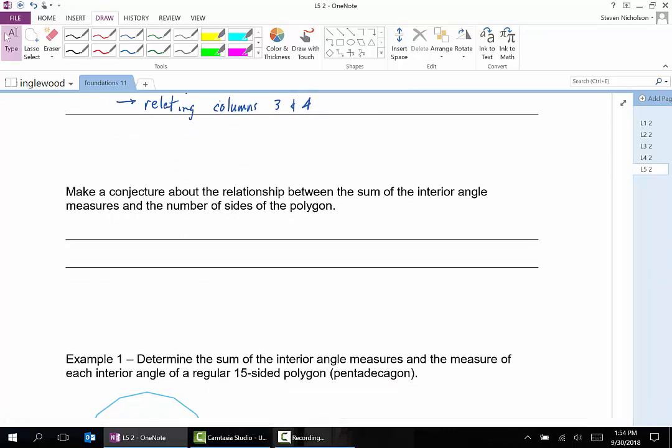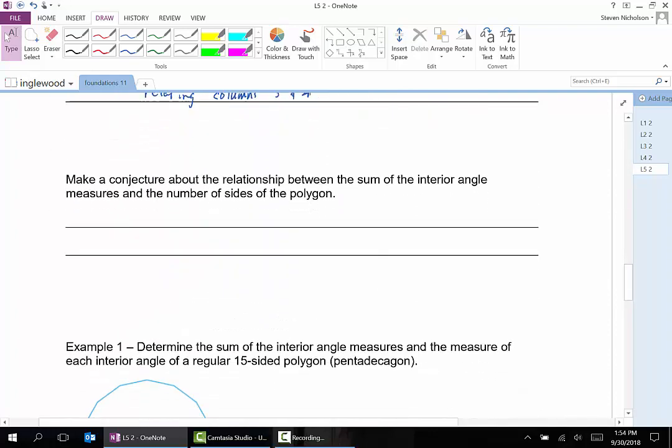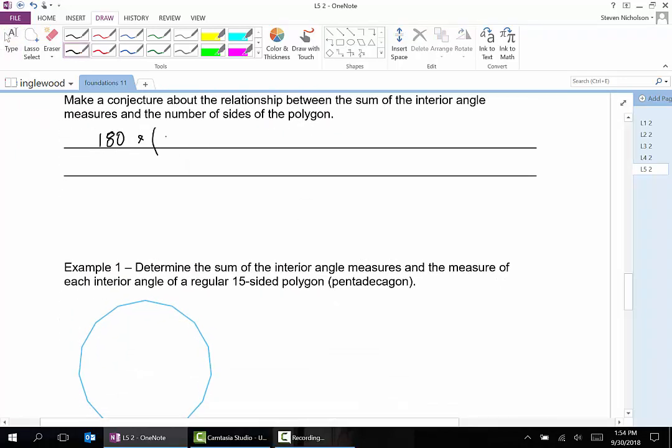Well, what was your conjecture between the sum of the interior angles and the number of sides? So again, you're looking at columns 2 and 4. And maybe what you noticed is this: 180 times the number of sides minus 2 equals the sum of the interior angles. Now again, a quadrilateral has 4 sides, a pentagon has 5 sides.